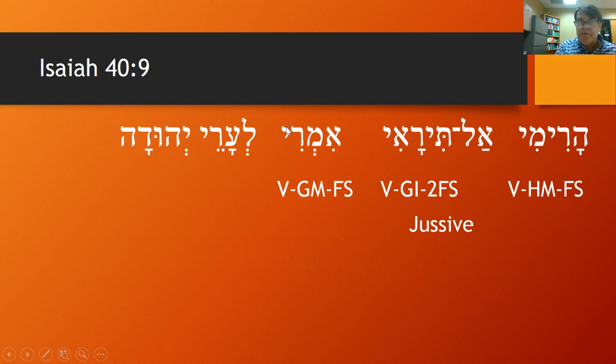This is another, see the hirik yod? It's another command, imperative. And the Grundstamm, this is a mar, aleph, mem, resh. And Hebrew is so confusing. If you can get past the vowels, man, you're doing good. So there are two kinds of shvas.